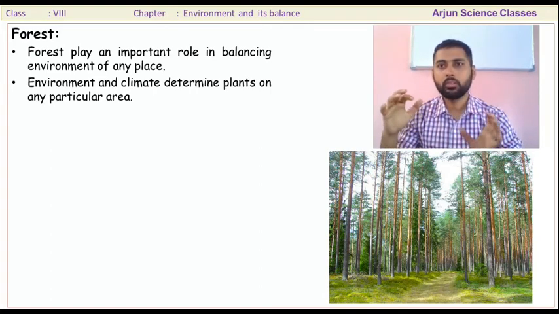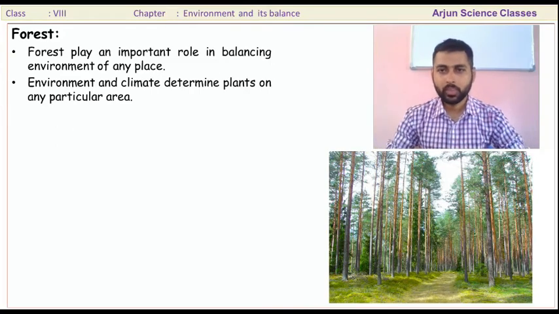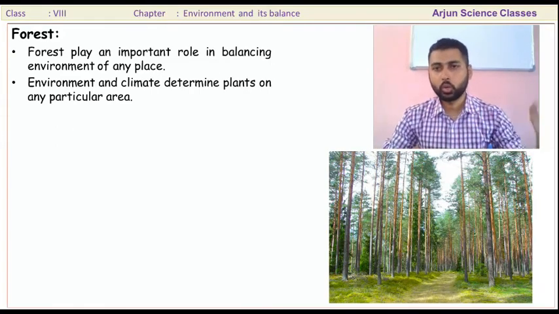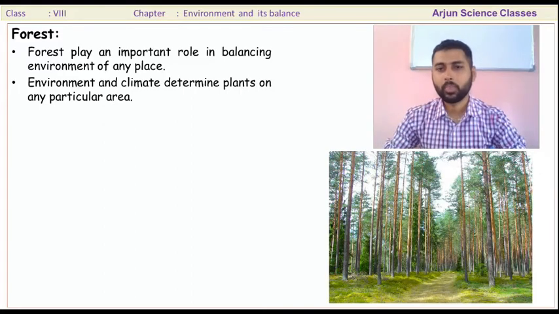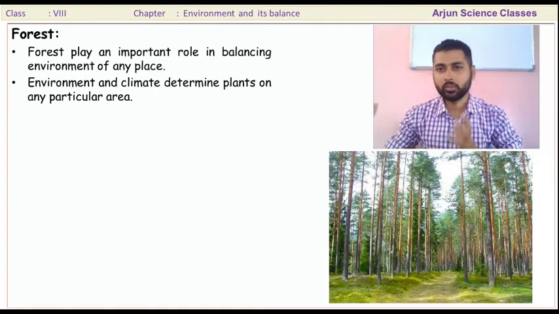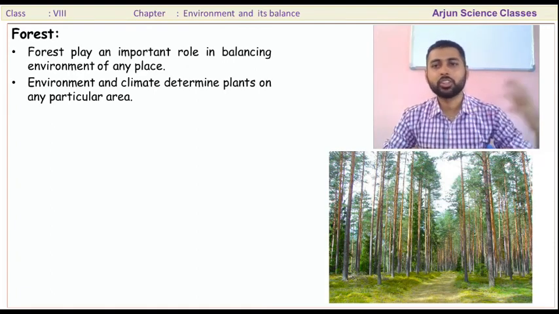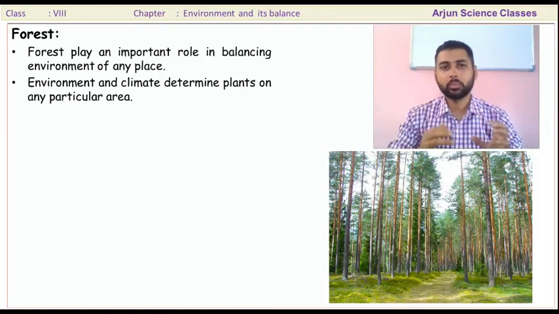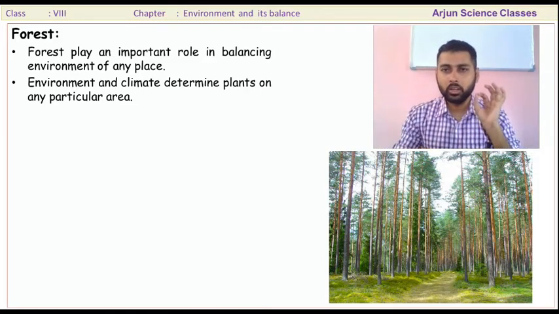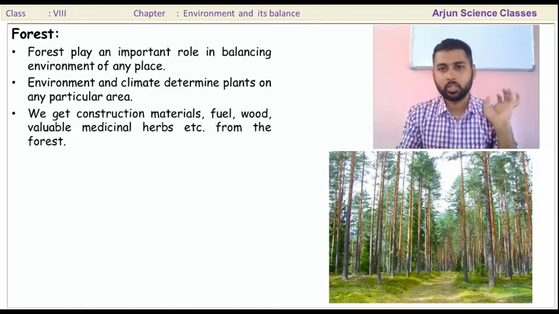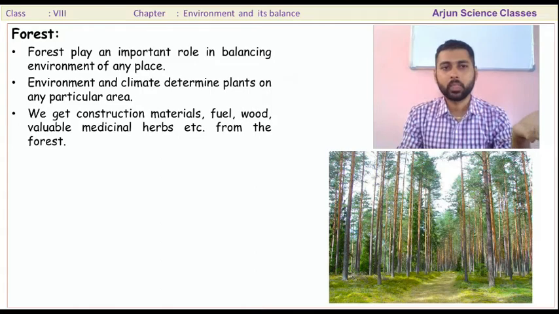Those plants found in very hot temperature are not found in cold temperature. For example, sal is found in the Terai region of Nepal. It is not found in the mountain region. So particular types of plants are found in a particular region, and the climate of that region determines what type of plants are there.